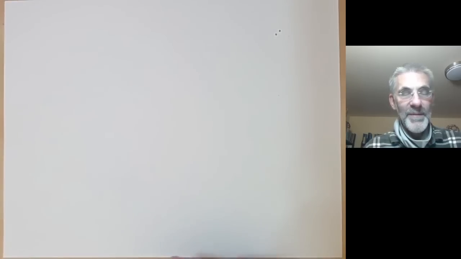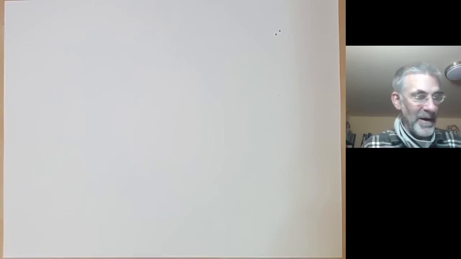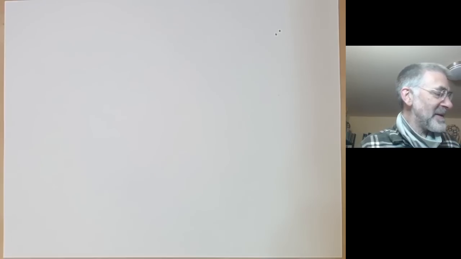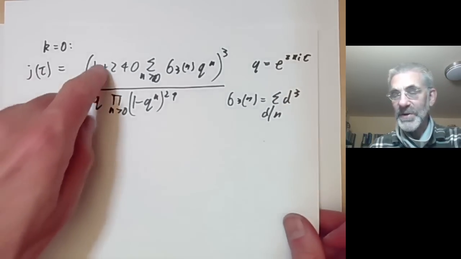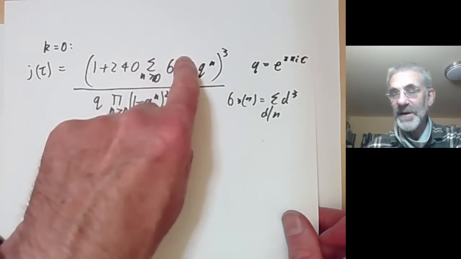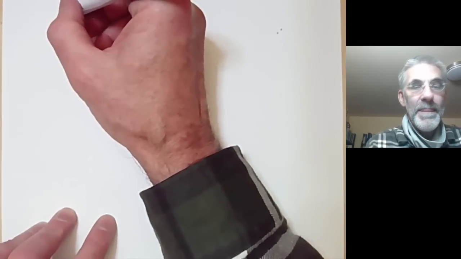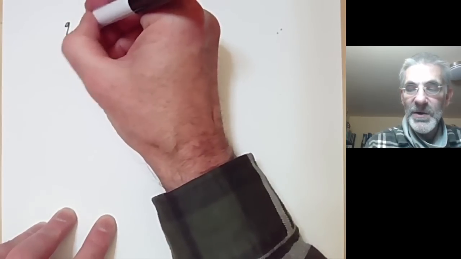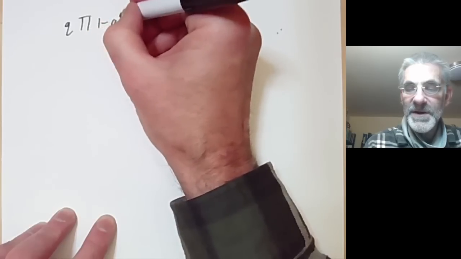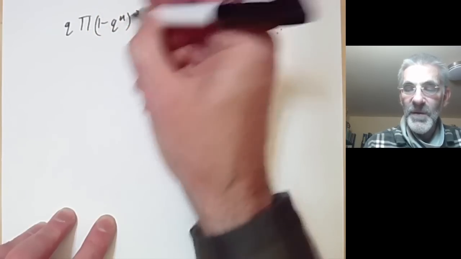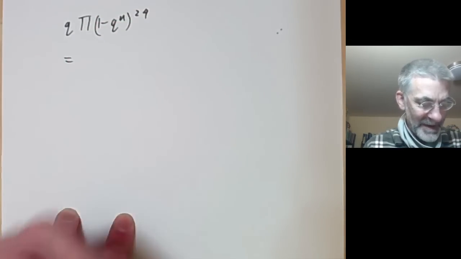So I pointed out that the numerator of the funny identity defining the elliptic modular function turned up related to sphere packings, so we also ought to say something about the denominator. Well, if you look at the denominator, it looks like this. So we take q times the product of 1 minus q to the n to the 24. And what happens if we expand this?